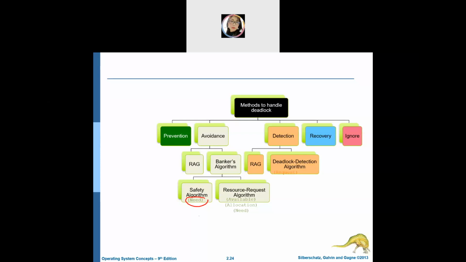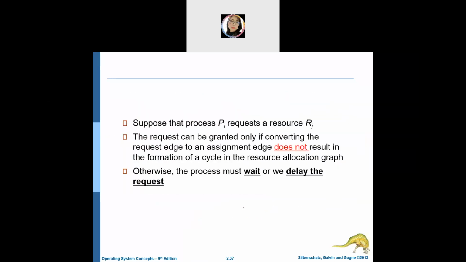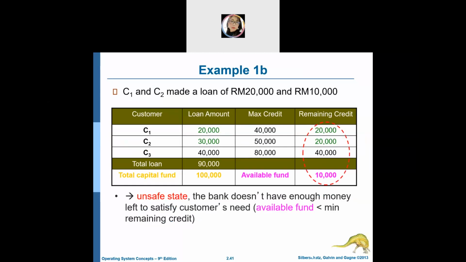If you still remember, we deal with need, which is equivalent to work. And for the resource request algorithm, we need to update three things, which are available, allocation, and need. So there were several examples last time.